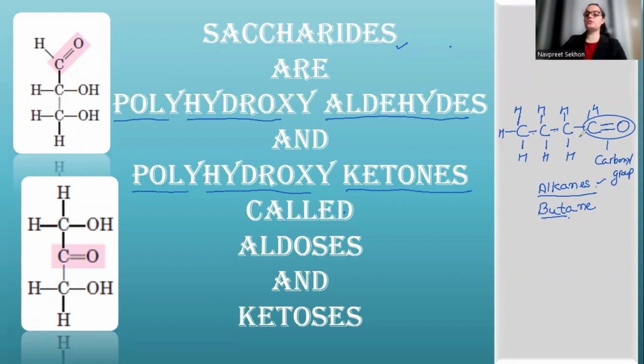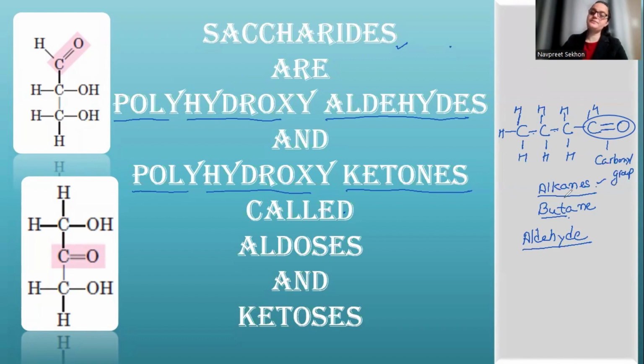Now, if this kind of situation arises, that either of the two terminal carbons decides to fulfill its valencies with a double bond oxygen, then the entity of this molecule changes. From alkane, it will no longer remain alkane, it will become aldehyde.